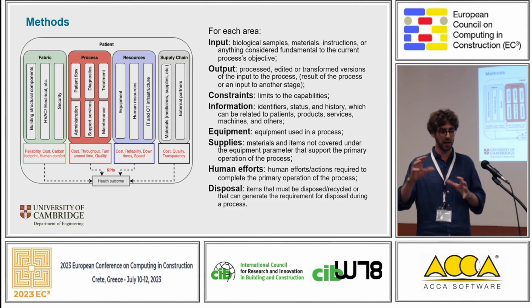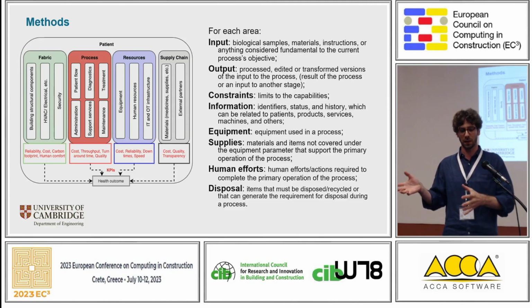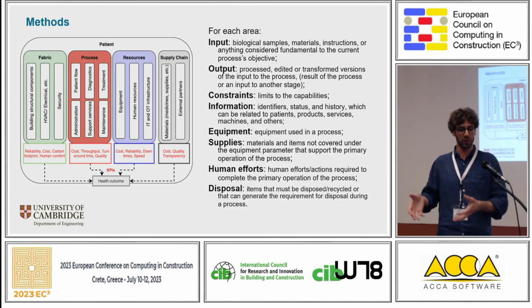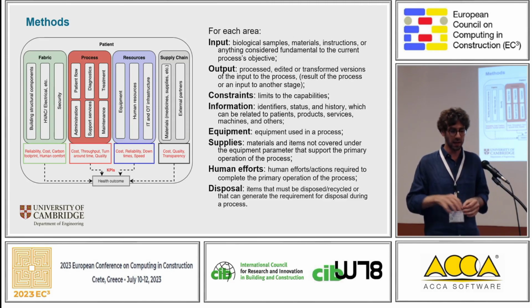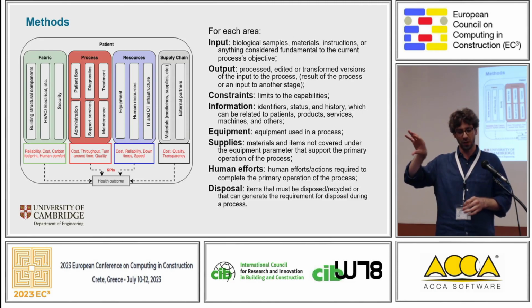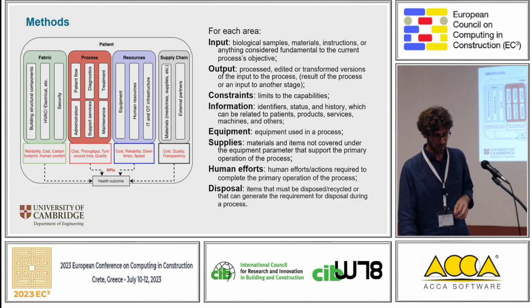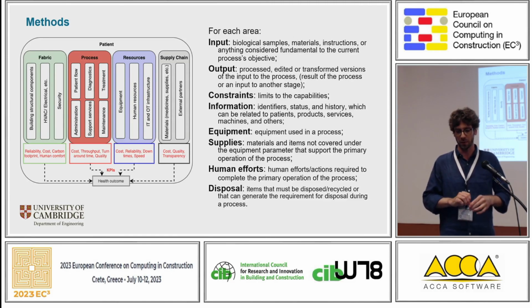We identify these 4 pillars, which are the fabric of the building itself, the processes of what happens in the building or for operating and maintaining the building, the equipment and resources, that is, equipment and human resources, IT and operation technologies, and the supply chain, which is a critical bit in the digitization of our hospitals.